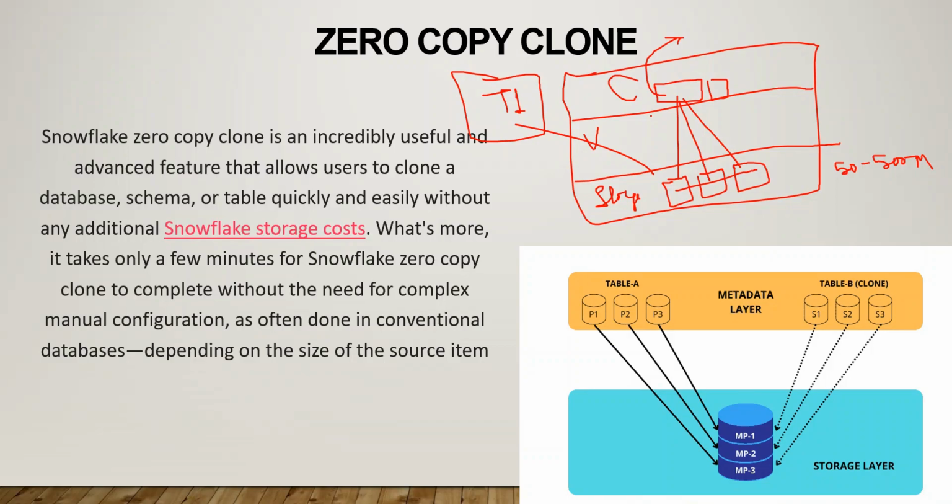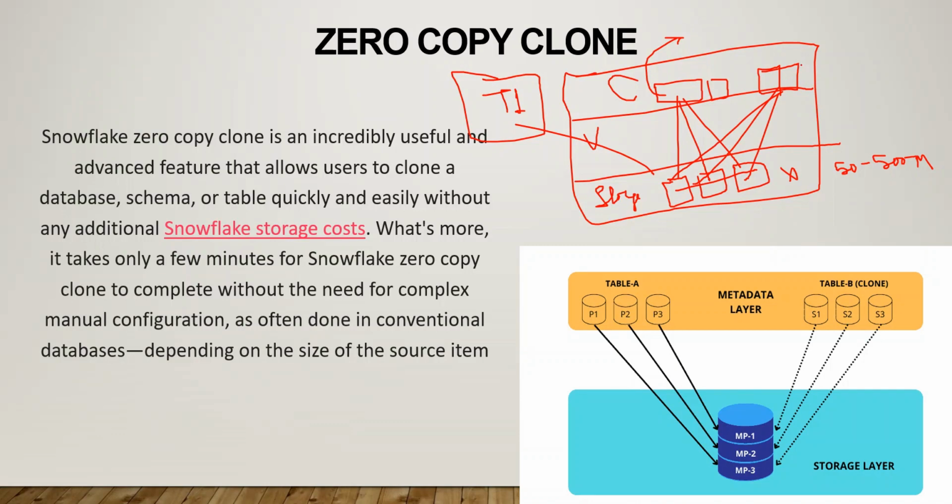Now, if I clone it, Snowflake does not actually clone the micro partitions. Rather, Snowflake creates a separate metadata copy, but refers to the same micro partitions. Snowflake is intelligent enough to understand that they are just trying to clone data which is already in my storage layer.